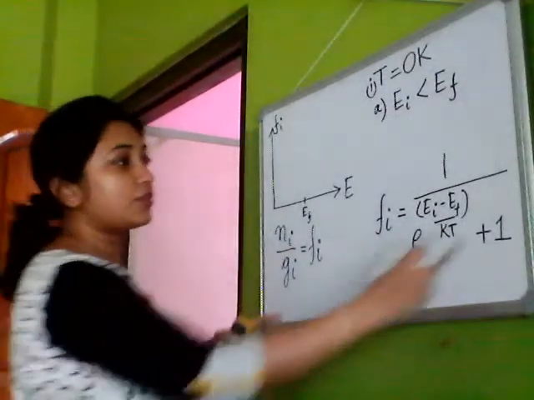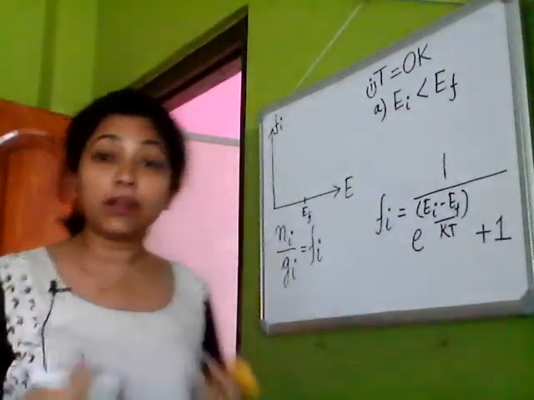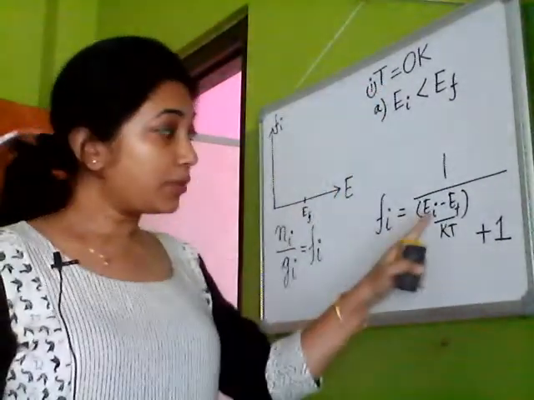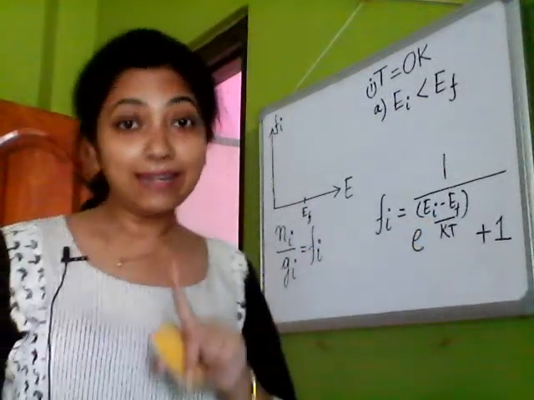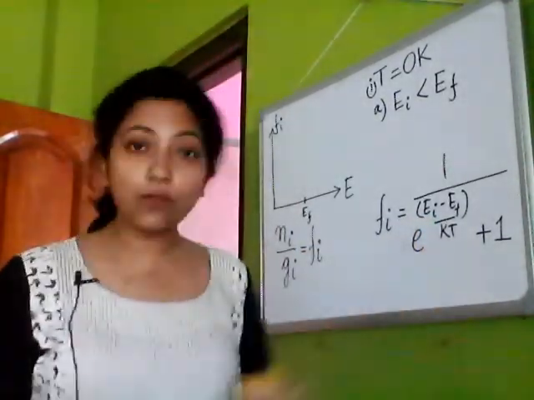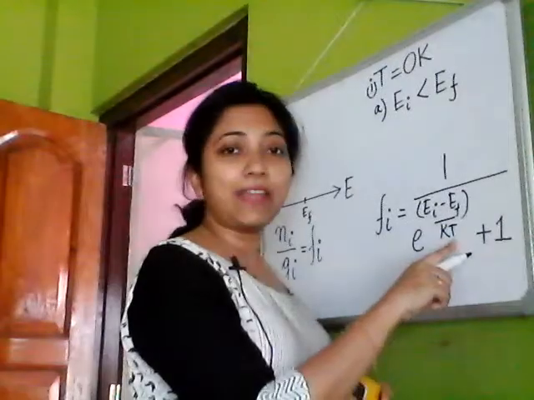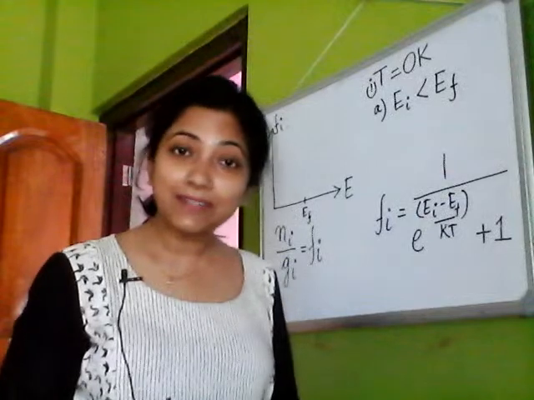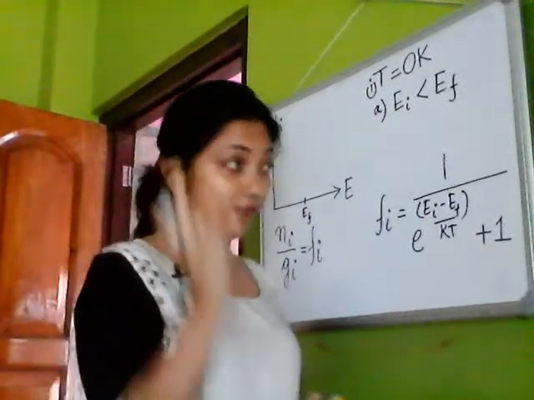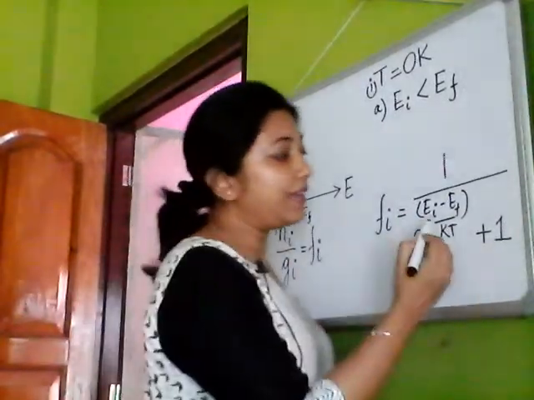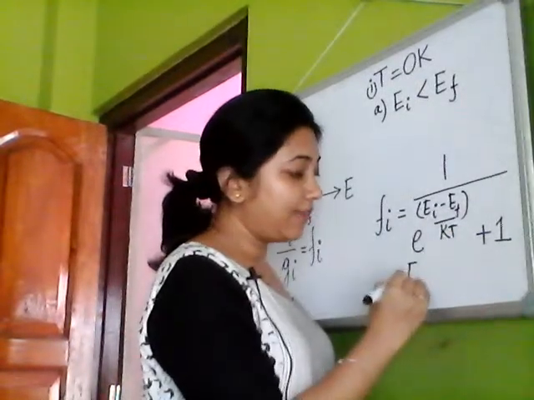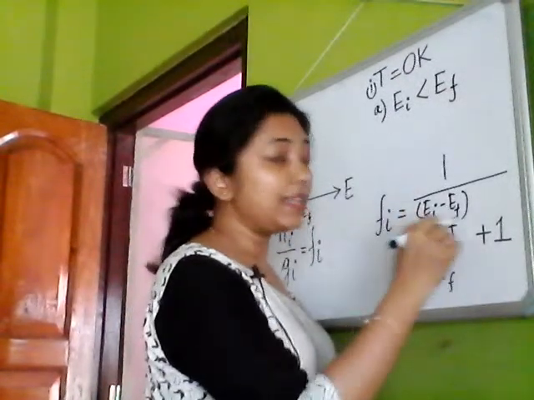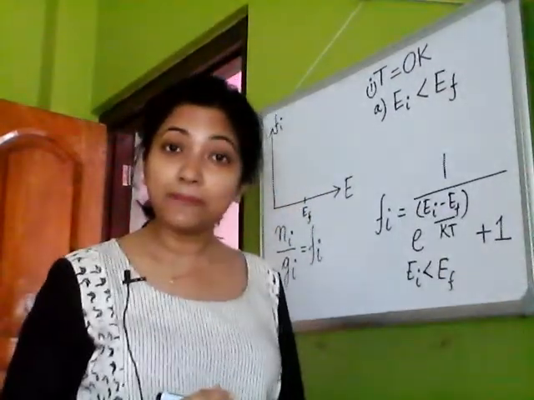So how will this distribution function turn out to be when I put in the value of T as 0 and I put in the value of Ei less than EF? Now let us put it over here. So what will I do? Obviously when I put T is equal to 0 over here, this is going to be an e to the power infinity. However, please remember, if Ei is less than EF, this quantity in the numerator is a negative number, isn't it?